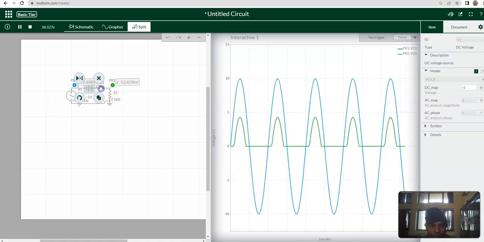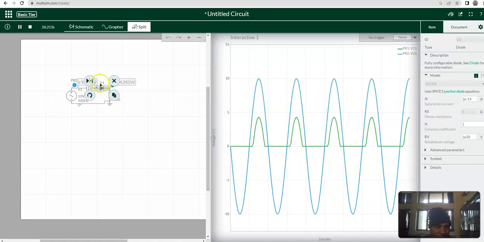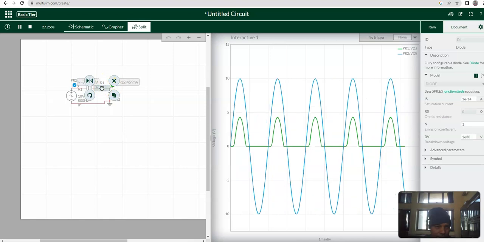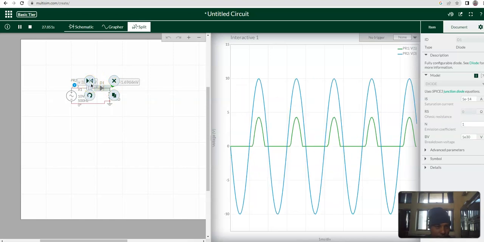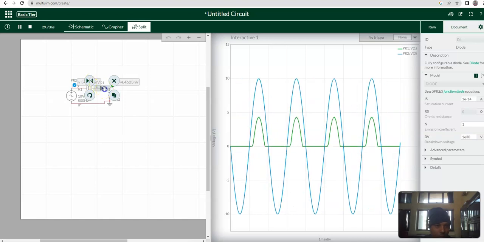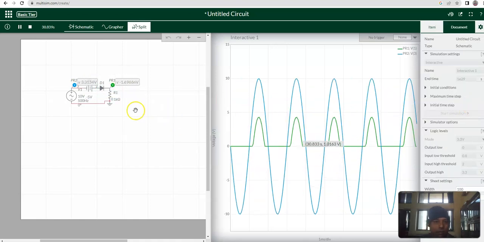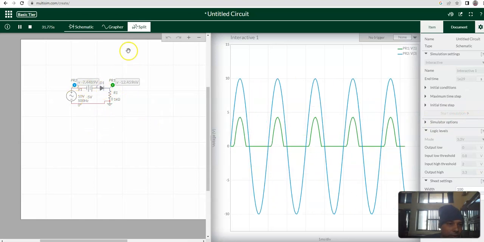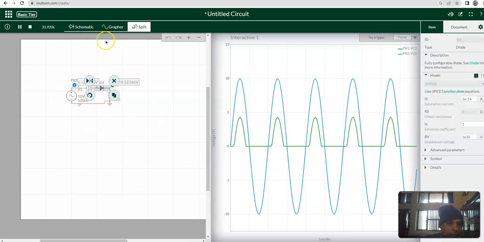The moment you change this direction, let us change this direction first, like this. Changing its direction means, okay, let us come to schematic.